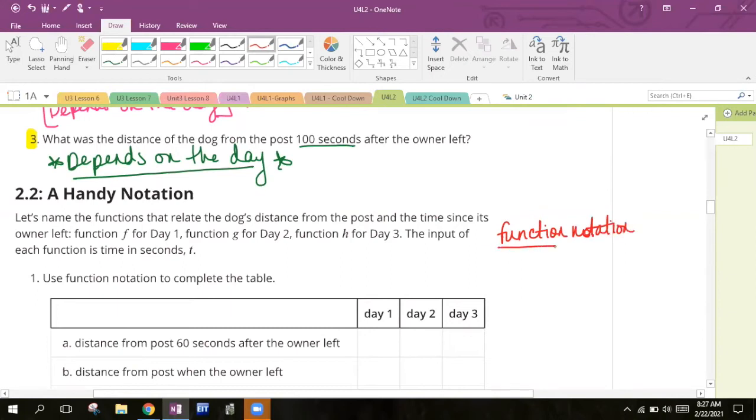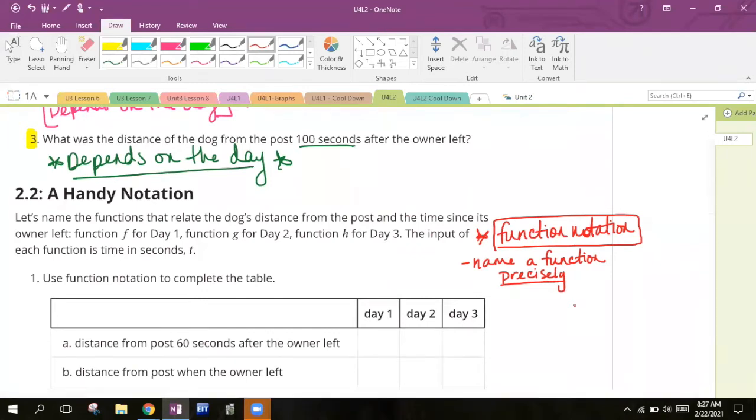I know I wrote mine really big over here, but just fit it on your paper. Function notation. That just means to name a function precisely. Okay, you don't have to have all those wordy descriptions of it. It's like a shorthand.